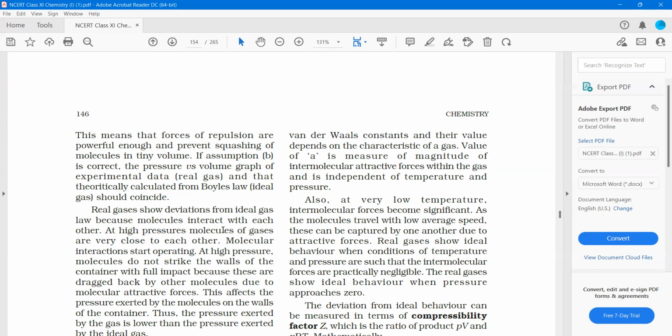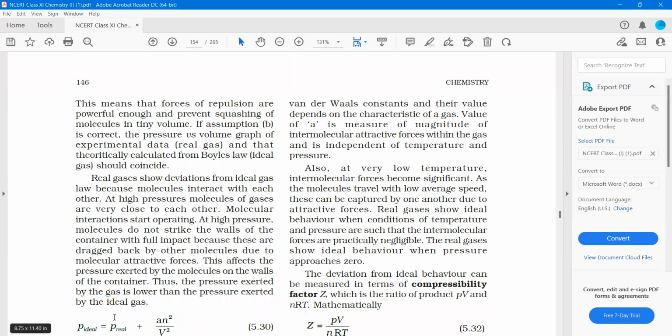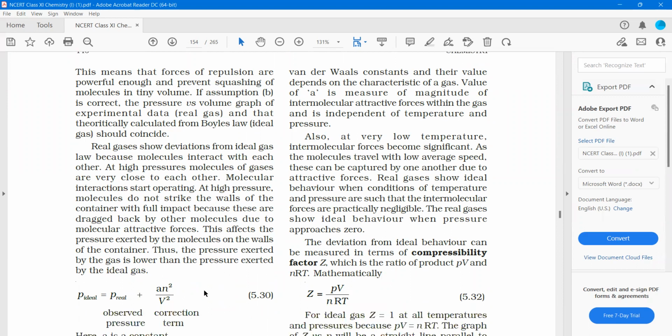At higher pressure, molecules of gases are very close to each other. Molecular interaction starts operating. At higher pressure, molecules do not strike the walls of the container with full impact because they are dragged back by other molecules due to molecular attractive forces. This affects the pressure exerted by the molecules on the walls of the container. Thus, the pressure exerted by the real gas is lower than the pressure exerted by the ideal gas.